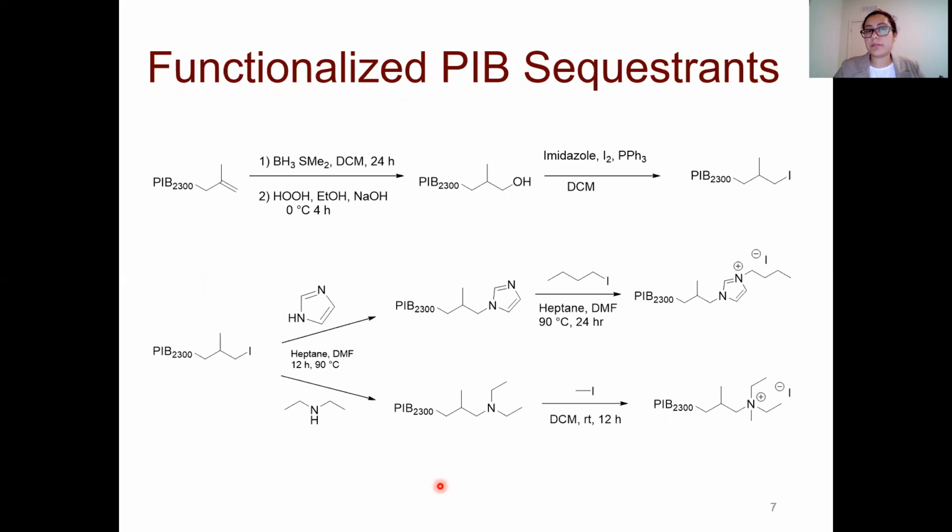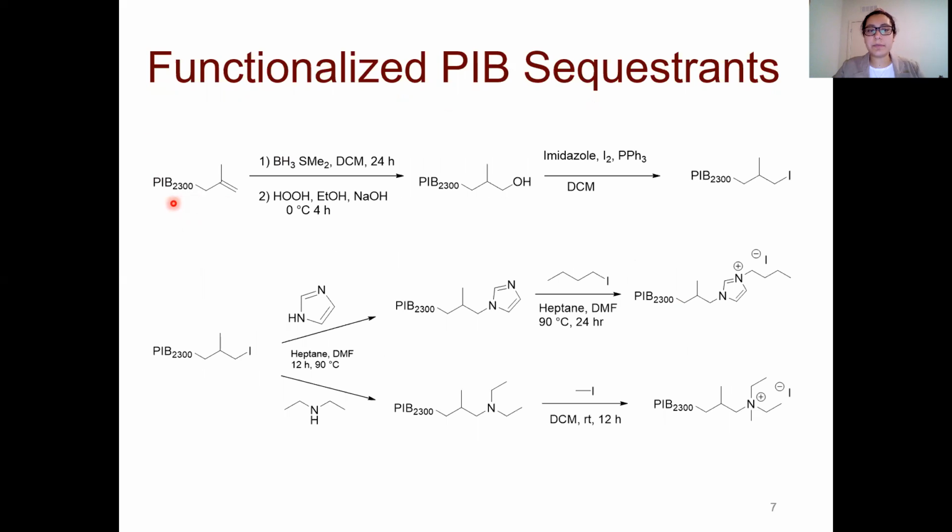As the other co-solvent, we use functionalized PIB sequestrants. PIB is available in the alkene form, and it is commercially available like this. I use PIB 20, molecular weight 2300, and it is also non-toxic, insoluble in water, and inexpensive.